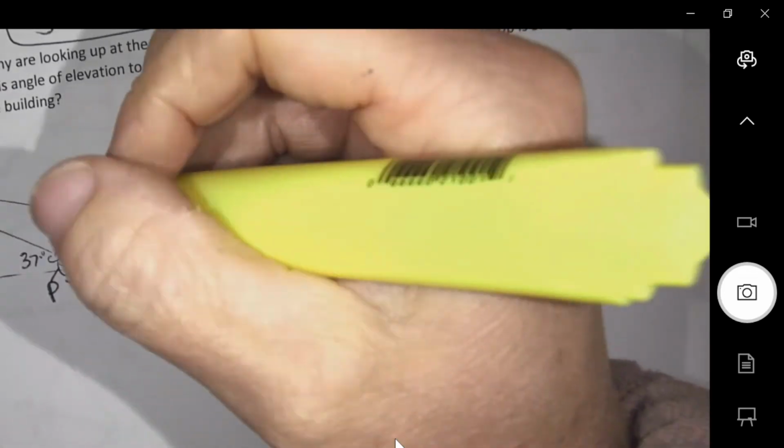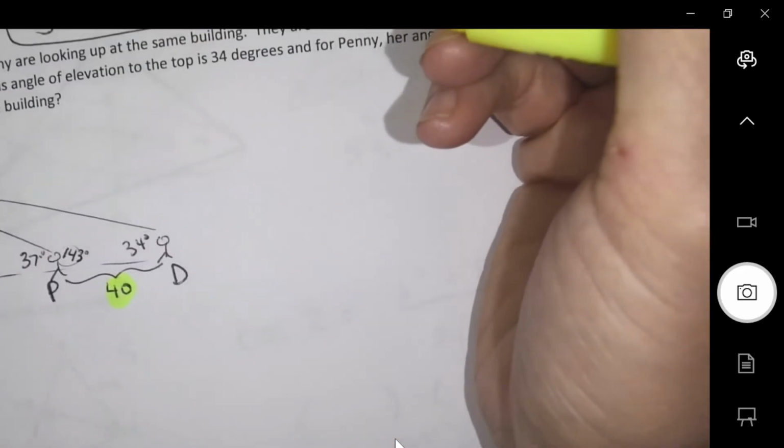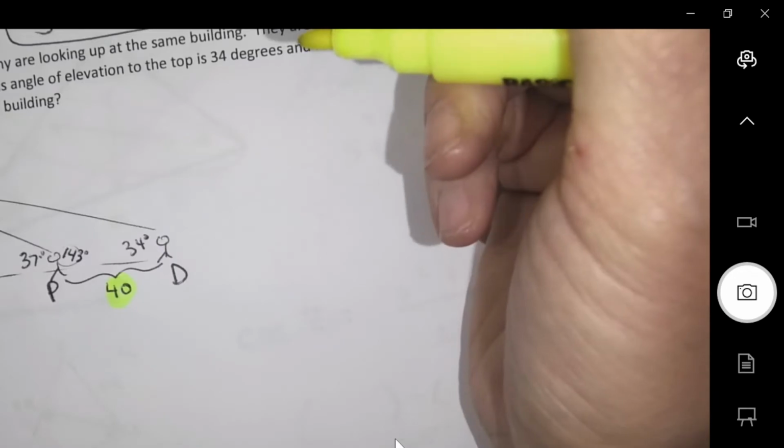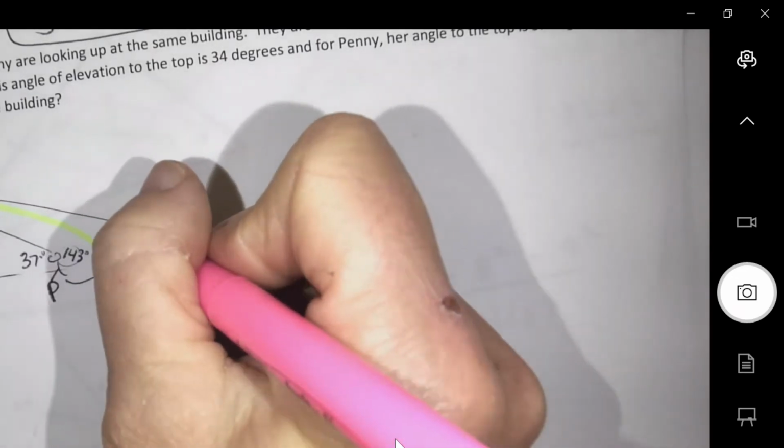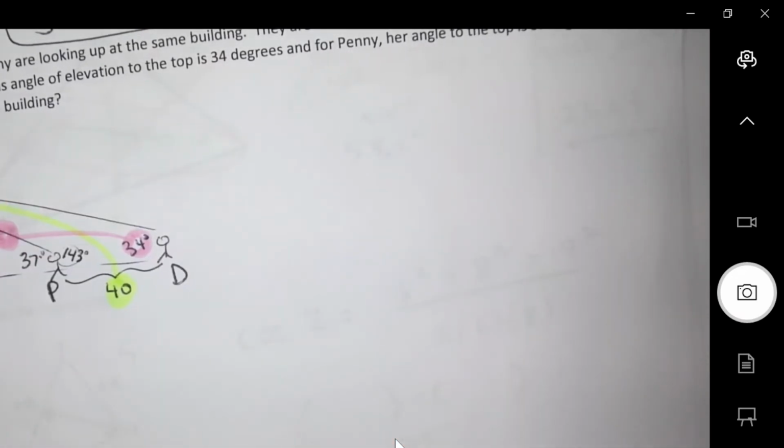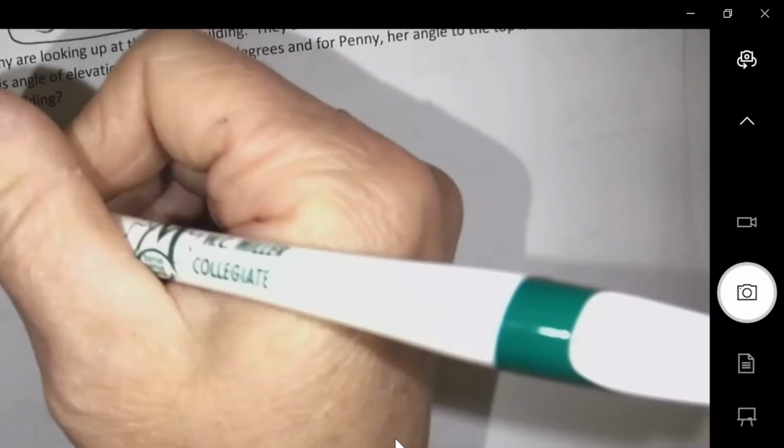We're going to use the 40 and we're going to pair it with, do you have a pair for it? 3. Now I'm going to use the 34 degrees and I'm going to pair it with, I'm going to call this Y. Do you understand why I can't pair it to the building?